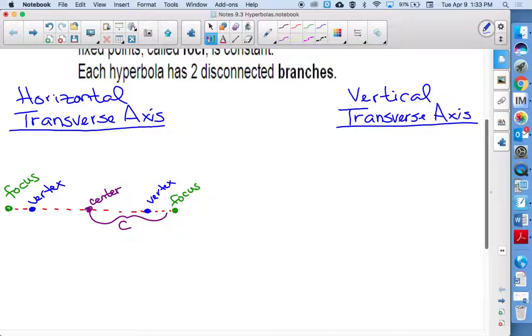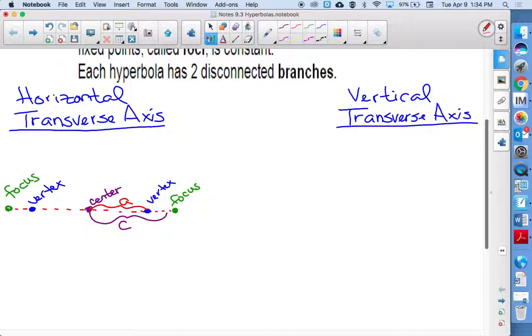And Brandon, that distance is A. Yes, that's the same. So the distance from the center to the vertex is A. And again, that whole thing is called the transverse axis. So my transverse axis is horizontal, where all of the information lies is horizontal.